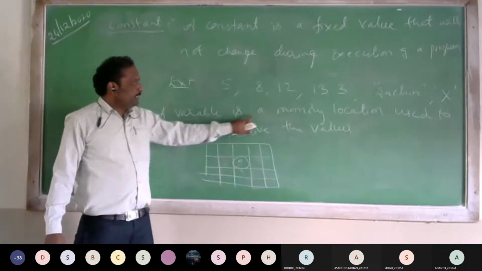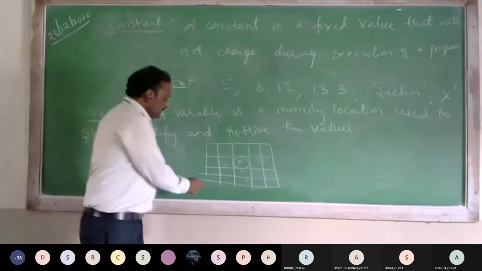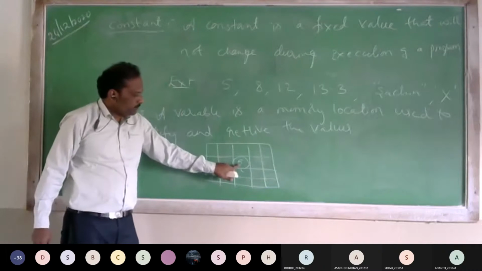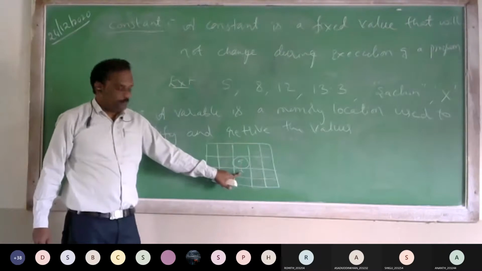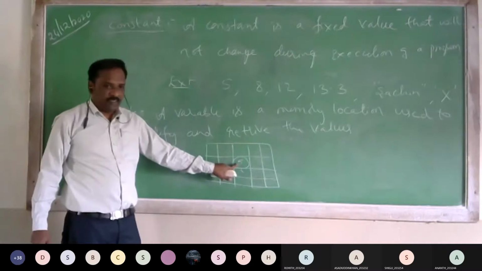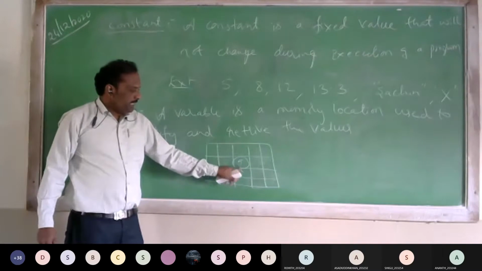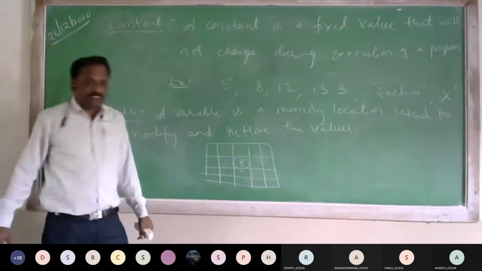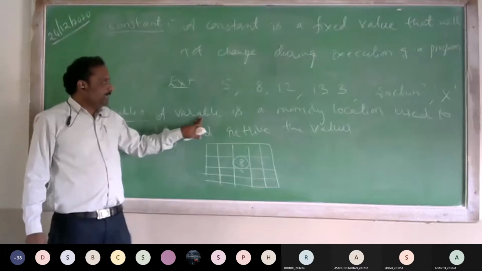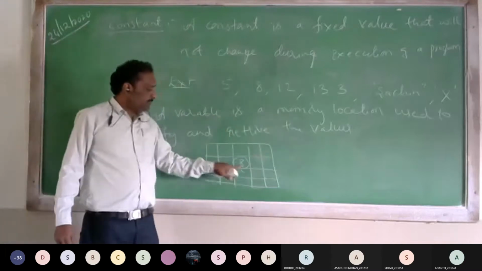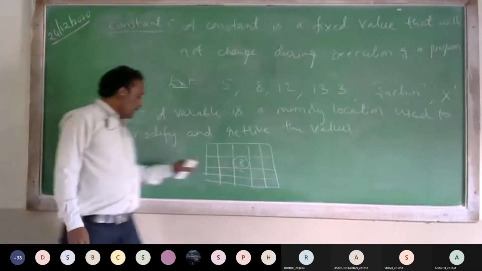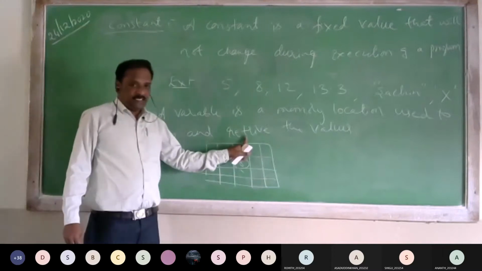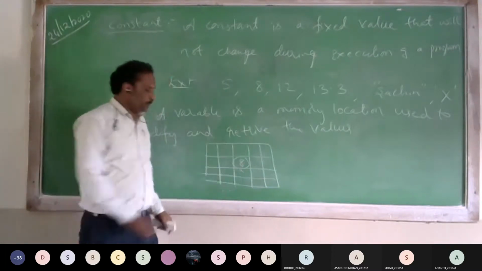So a variable is nothing but a memory location. If this is the entire memory and 5 is stored at this location, it is called a variable. A is containing the value 5. If in the next step A changes to 8, then in the same location the value of A is changed to 8. A variable is the memory location used to store the value, modify the value, or access the value.